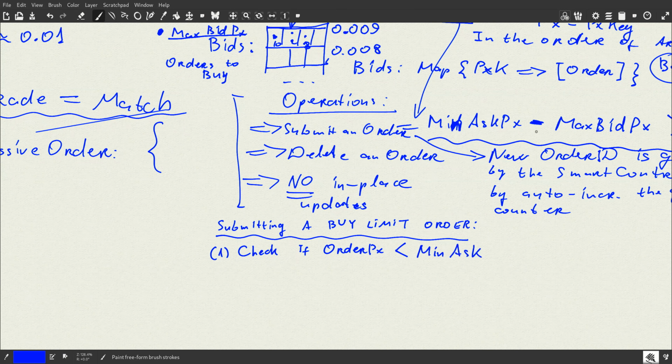It may be greater than the current maximum bid, but what is important is to check that it is less than the minimum ask price. If yes, then the order really comes to the order book.